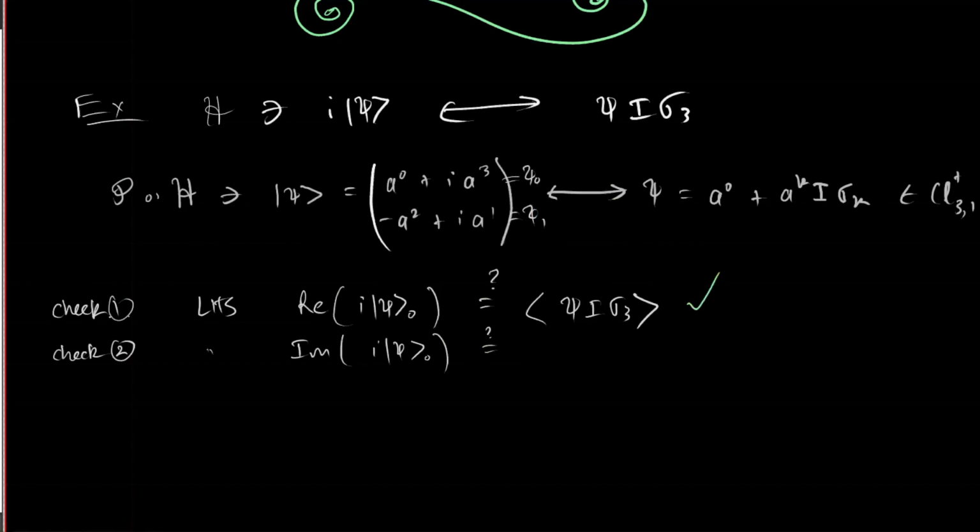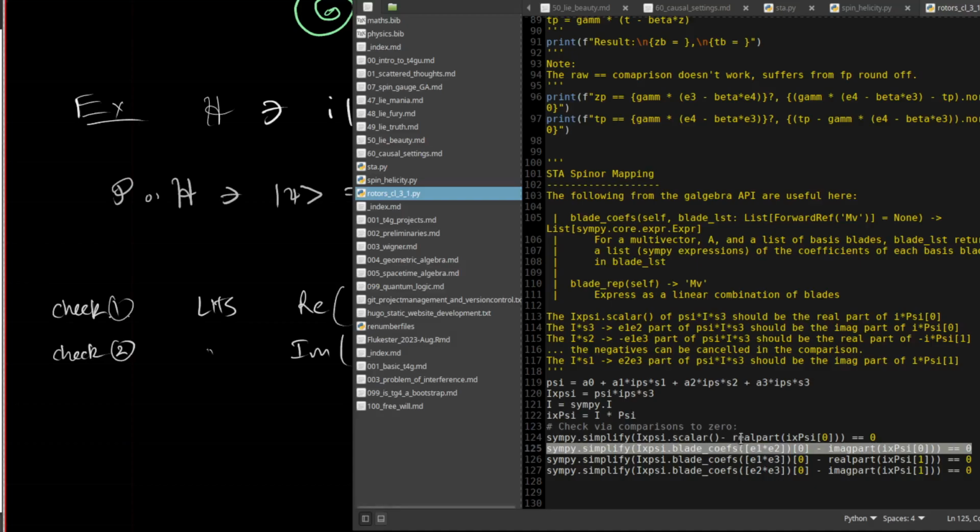Whoa, we got it right. It should be the bivector part of psi I sigma 3, and I don't know how to indicate bivector parts in this, but I guess we could use a projection operation. So it's the E1, E2 blade part of it.